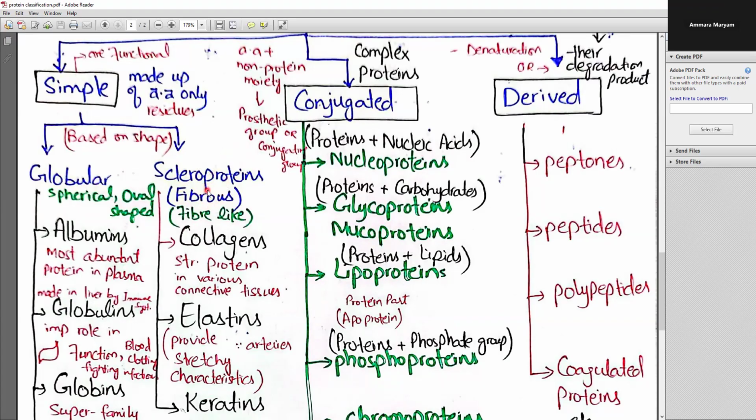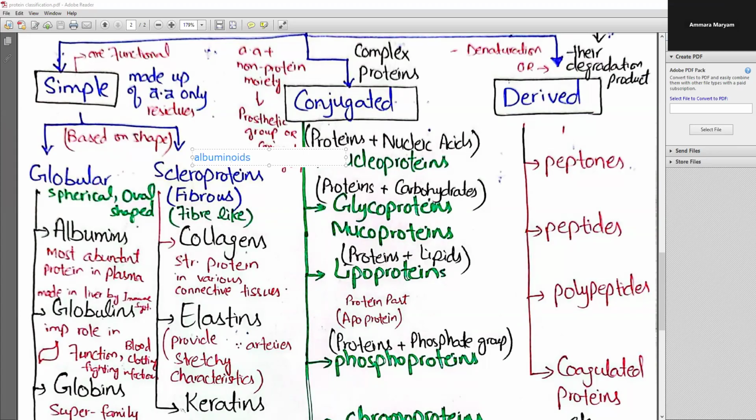These fibrous proteins are also known as scleroproteins, and another name for the scleroproteins is the albuminoids. Remember that these are not albumins, these are albuminoids. Let me write over here that scleroproteins are also known as the albuminoids.